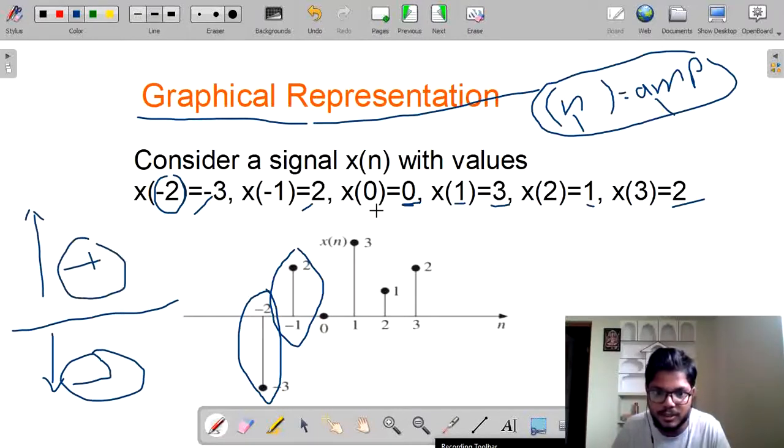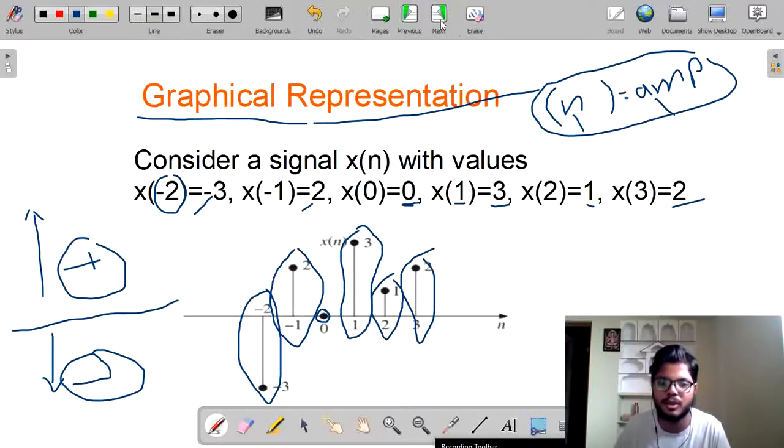At x of 0 the amplitude is 0. At time instant 1 the amplitude is 3. At x of 2 the amplitude is 1, and at x of 3 the amplitude is 2.